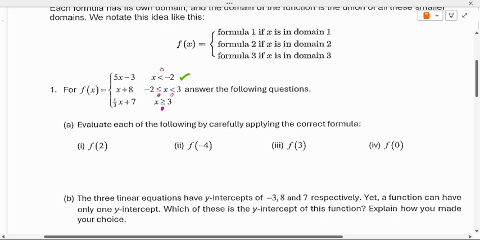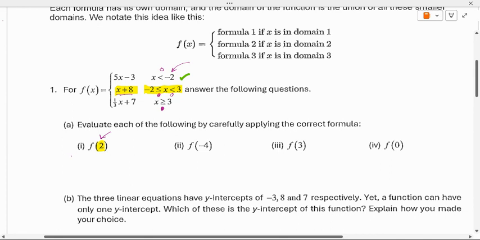Positive 2 does not fall into the domain restriction, all values of x less than negative 2. Positive 2 falls into the domain restriction of negative 2 is less than or equal to x is less than 3. So we're evaluating this function right here, meaning that we're going to plug in 2 for this x value.